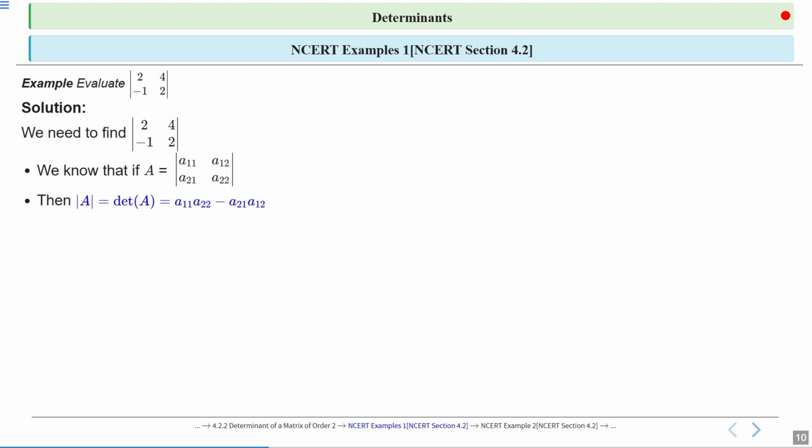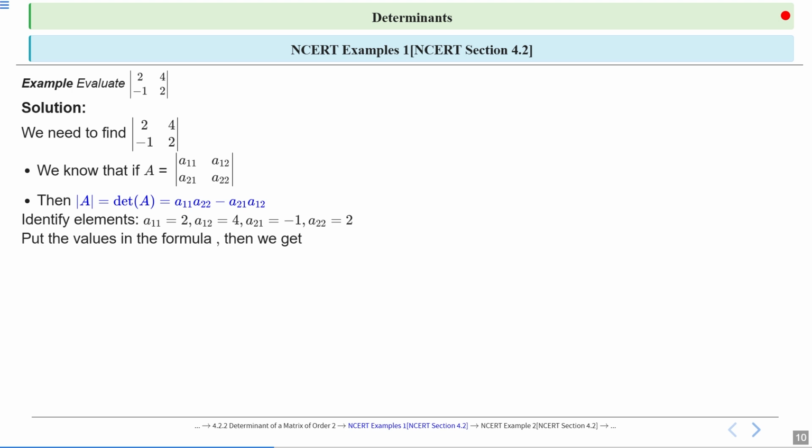We know that if A is a11, a12, a21, a22, then determinant of A is a11 into a22 minus a21 into a12. Here a11 is 2, a12 is 4, a21 is minus 1 and a22 is 2.